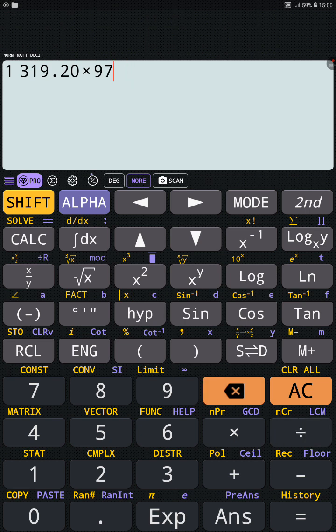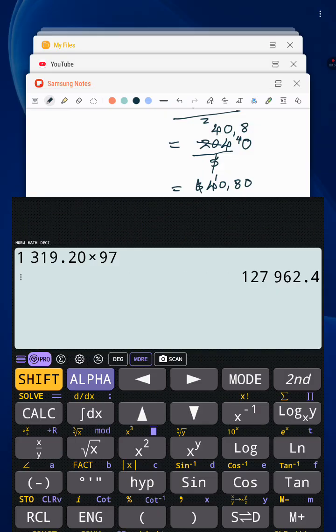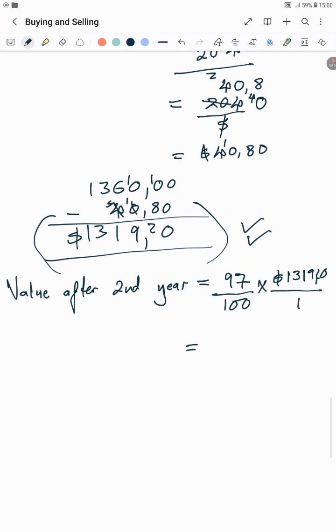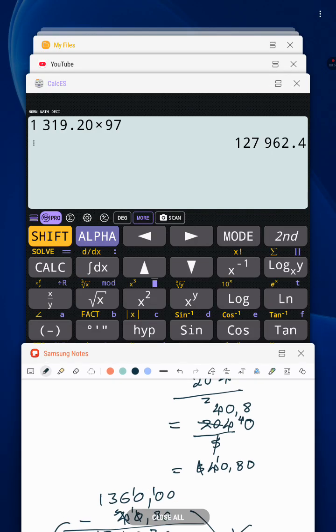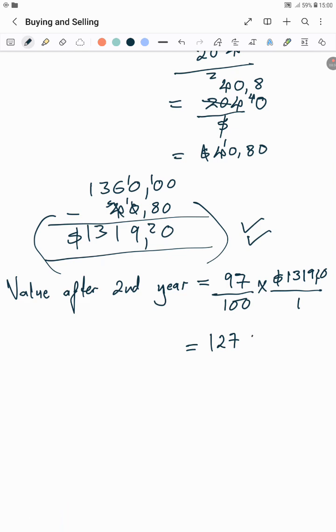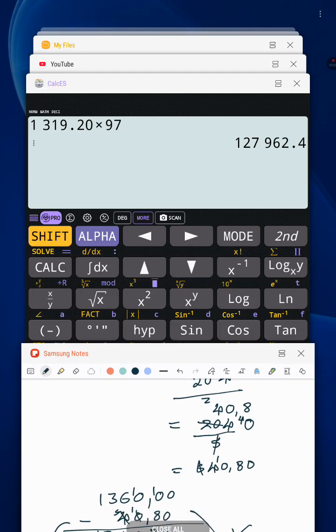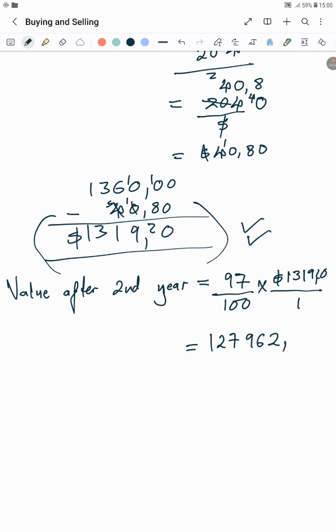Sorry, let's just write down that value, 127,962.40, and then you divide that by 100.